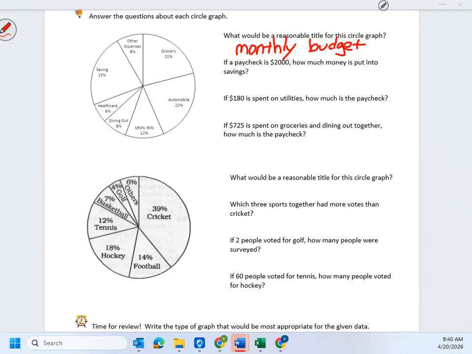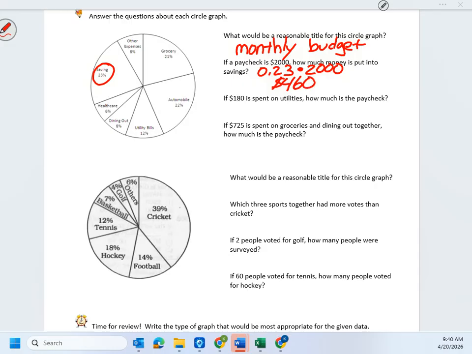So we find our savings is 23% of our paycheck is going into savings. What math am I going to do, Matt? That 23% times our $2,000. So what is 23% of 2,000, Leo? $460.